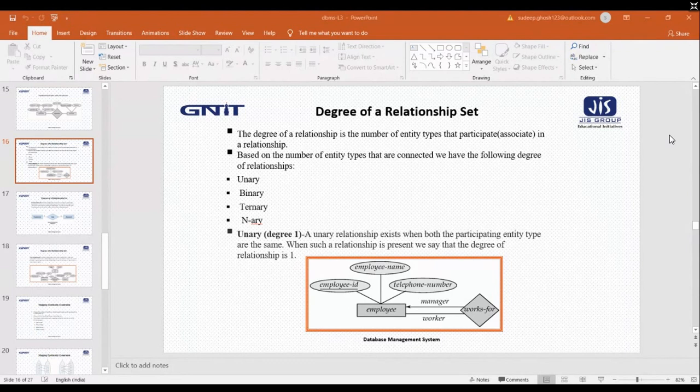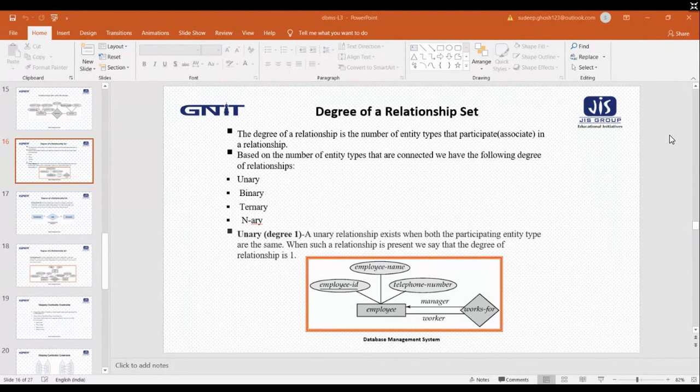Okay, that is saying that when there is a one-to-one relationship, we express cardinality constraints by drawing either a directed line signifying one or an undirected line signifying many between the relationship set and entity set.